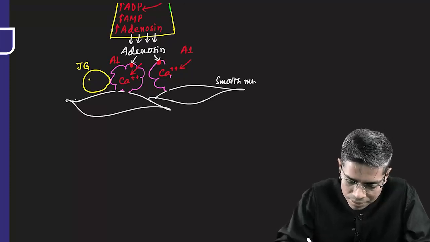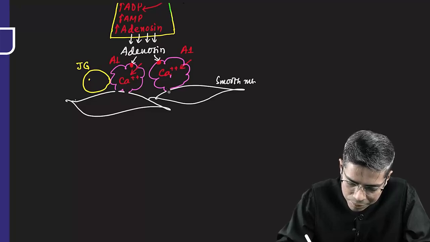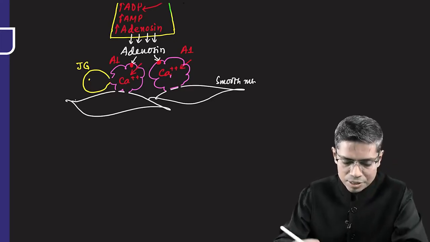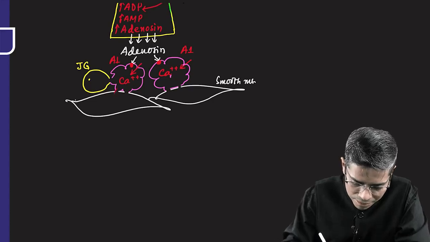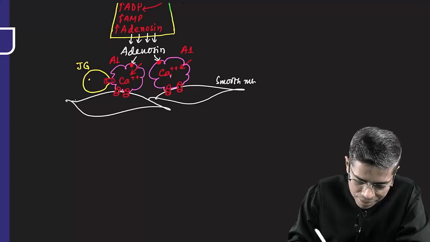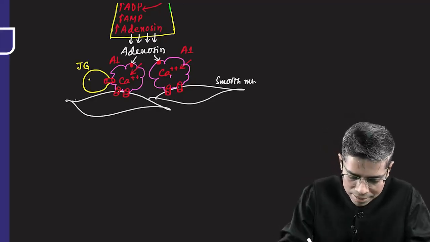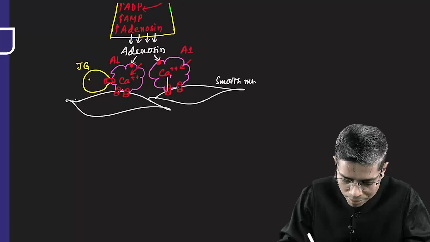Okay, so this is the Lacis cell, and there will be presence of gap junctions here. So gap junction between the JG cell and the Lacis cell, gap junction between the smooth muscle cells and the Lacis cell. So these are gap junctions. Now you know the utility of gap junctions. Whenever there is a gap junction, the calcium which has entered inside the Lacis cell will easily go from the Lacis cell into the smooth muscle cells.